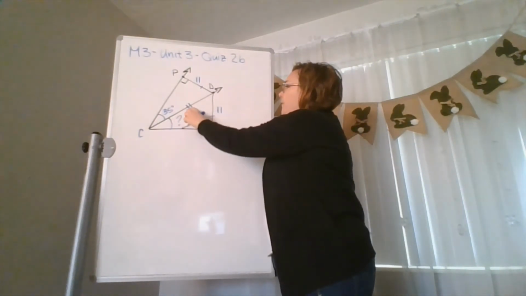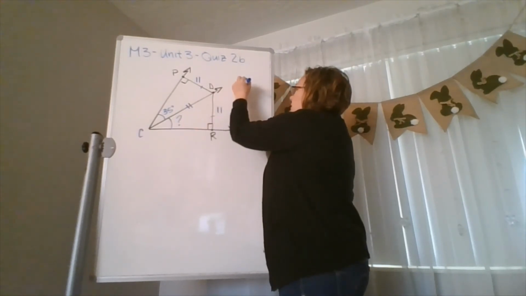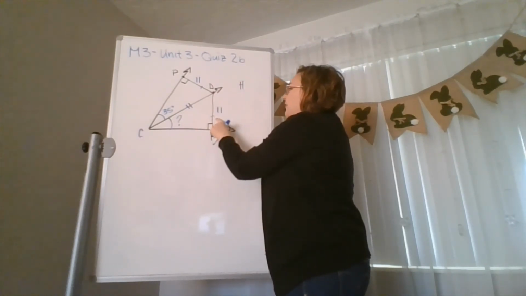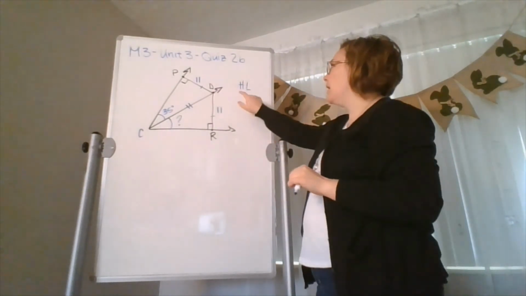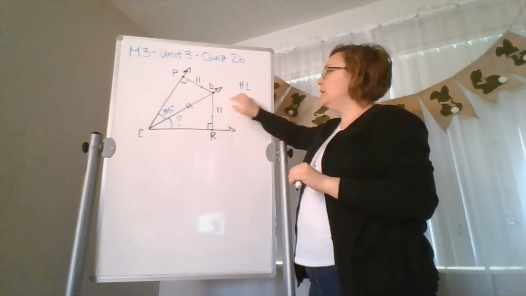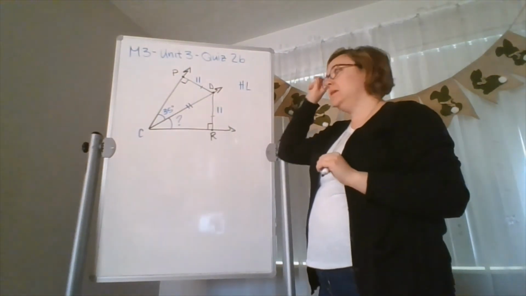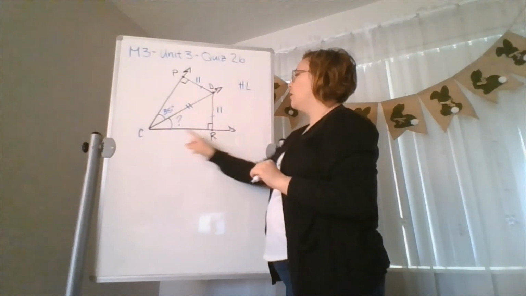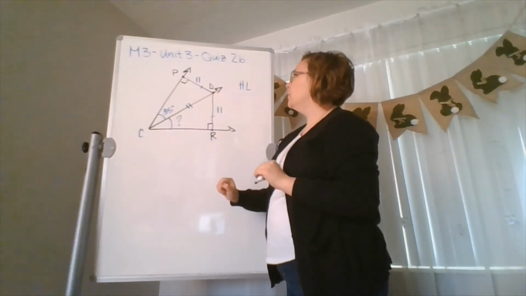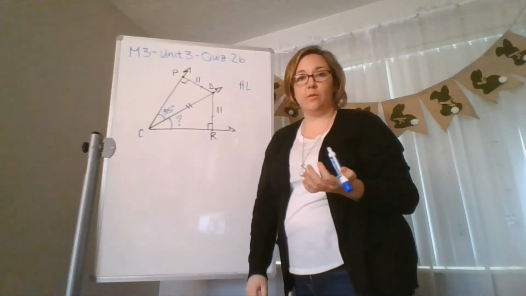And so we have our hypotenuse of both triangles, and we have a leg that is congruent in both triangles. So by the hypotenuse-leg theorem, these two right triangles are congruent. Now what does that mean about our other angles? For example, angle RCD compared with angle PCD. Well, that means they have to be congruent.